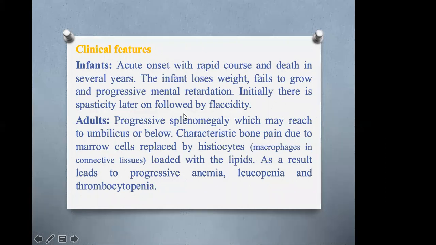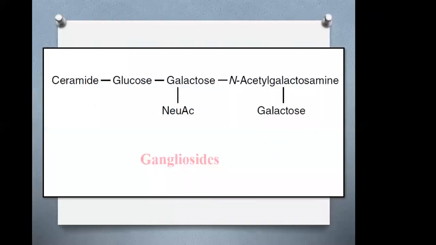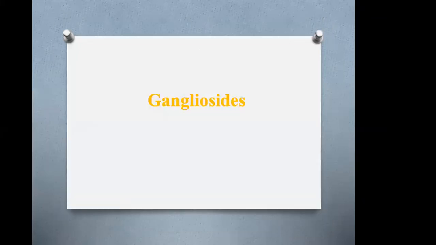Initially there is spasticity, later followed by flaccidity. In adults, progressive splenomegaly, which may reach the umbilicus or below, and bone pain due to marrow cells being replaced by histiocytes, macrophages, and connective tissue loaded with lipids. You will read all these in your medicine. Now, gangliosides.